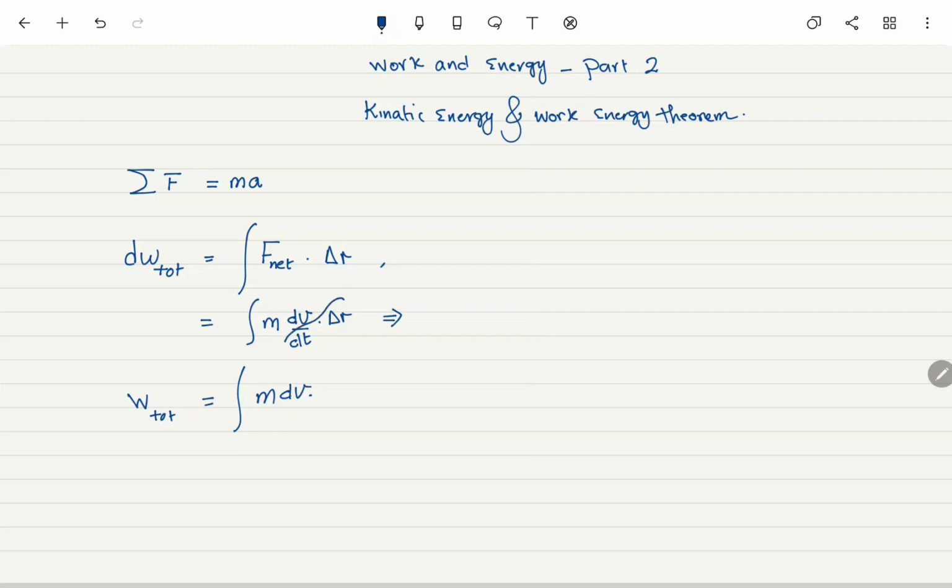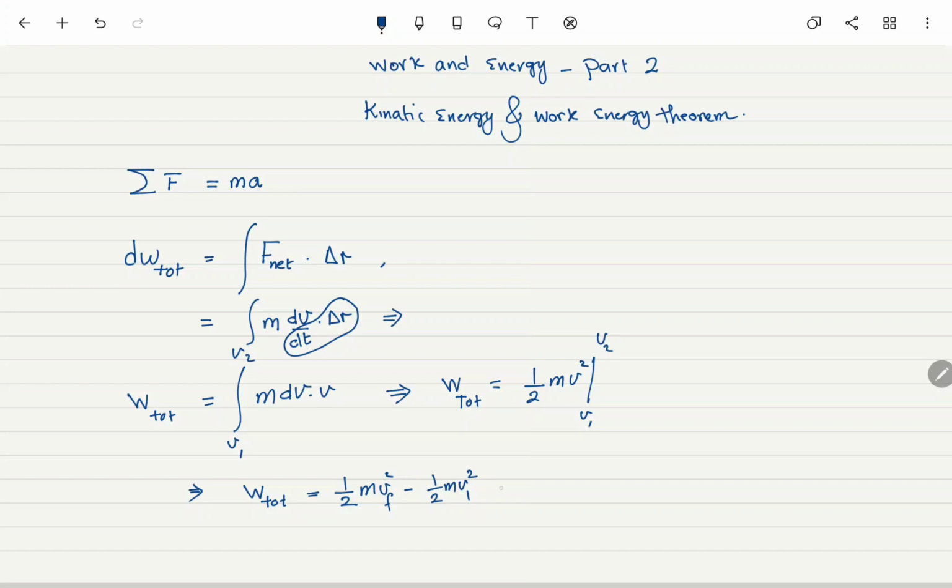Now delta R over delta t is actually v, from v1 to v2, or we can say that work total equals half m v squared from v1 to v2, or work total equals half m v final squared, or v2 squared, minus half m v initial squared.